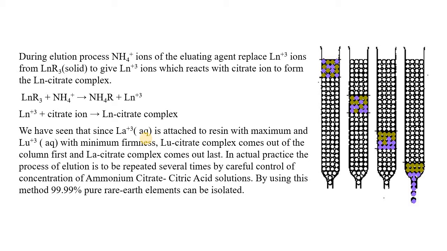In this way, all the types of ions, depending on their size and firmness, can be eluted one by one from the outlet of the column. By using this method, 99.99% pure rare earths can be isolated. It means this method has extraordinary efficiency.